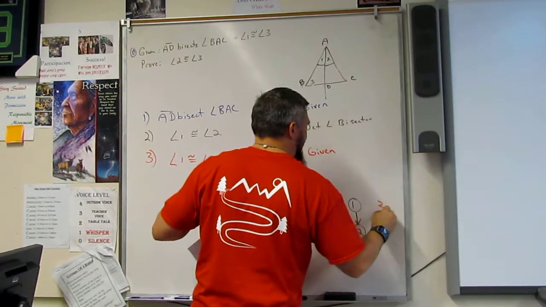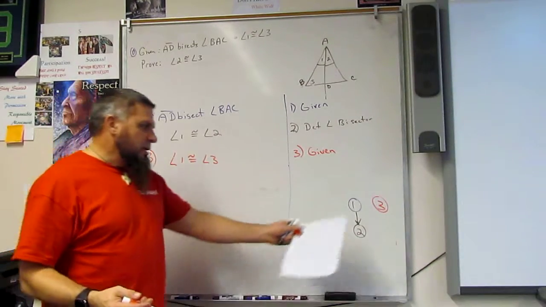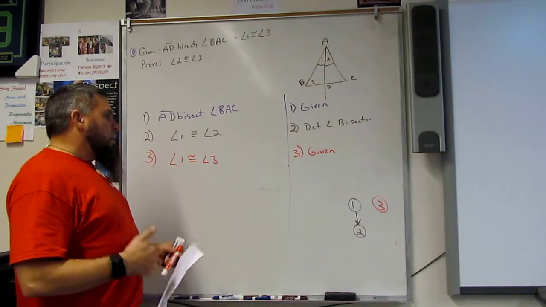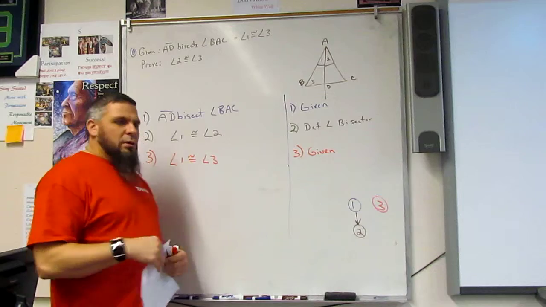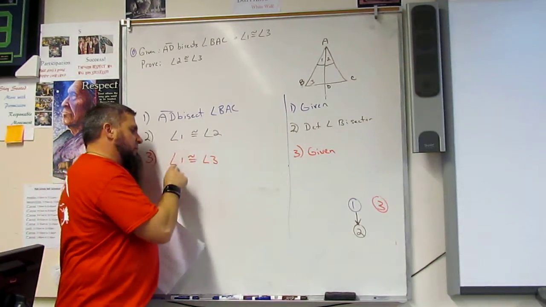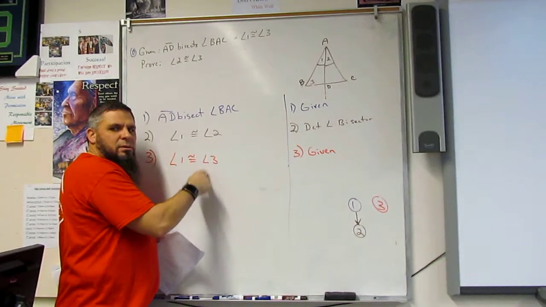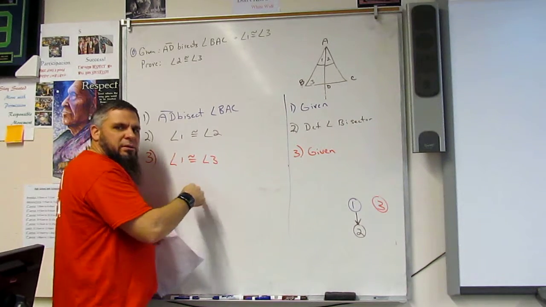So, because it's given, I'm not using something to get there, right? So it's all on its own. Okay? Can I come up with anything now? If 1 is 2 and 1 is 3, wouldn't these be the same? Wouldn't that make sense? Right?